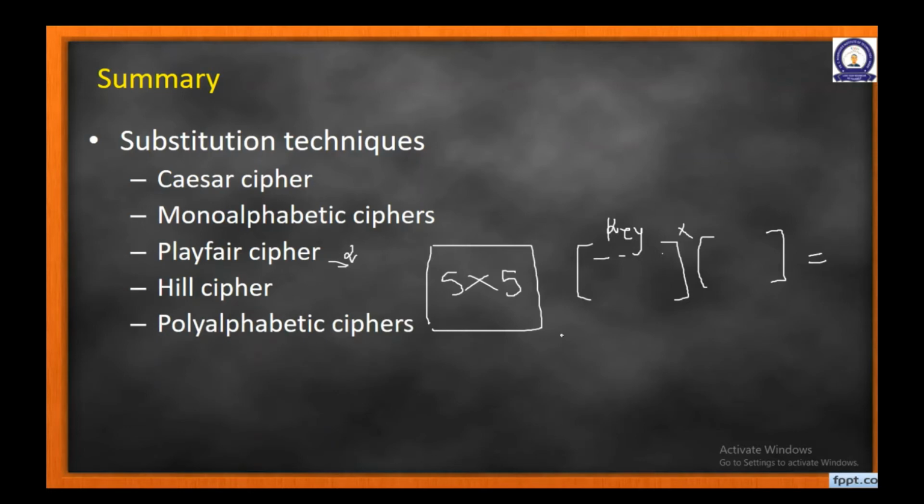Polyalphabetic ciphers again, if you remember, there is the Vigenere cipher, where a very huge table was given where all ABCD was written. That will be formed as a key, and then you write here as a column the plain text, and you pick out a letter depending upon the key. So polyalphabetic ciphers, including the Vigenere cipher, we have studied.